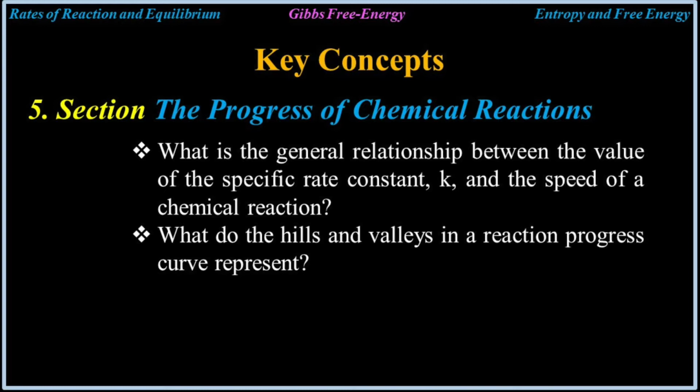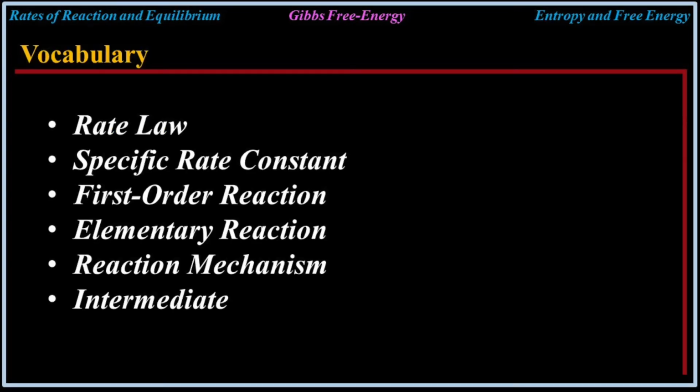What do the hills and valleys in a reaction progress curve represent? Rate law, specific rate constant, first order reaction, elementary reaction, reaction mechanism, intermediate.